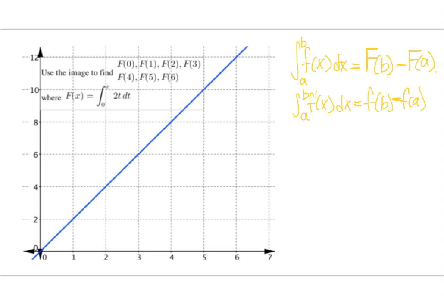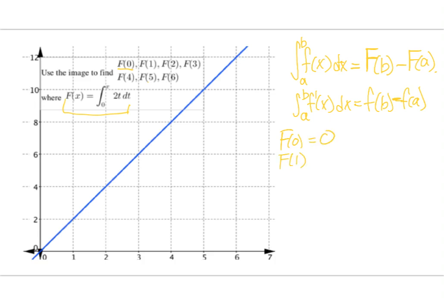Okay, so we're told that f is the function of accumulation going from 0 to x. You have to switch variables here, because if we're plugging in x for x, it's just kind of weird. And we want to find all of these things. So let's find these things. F of 0, that would be going from 0 to 0, so that would have an area of 0.